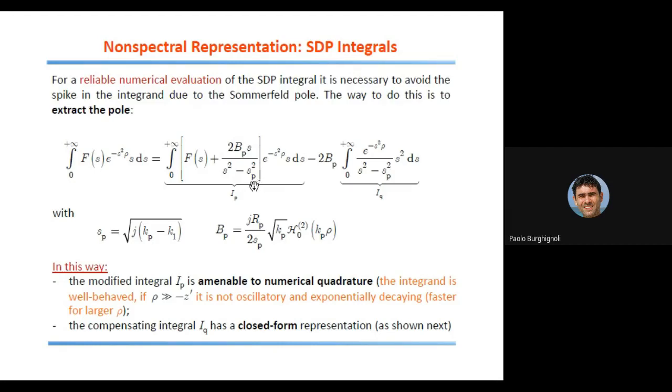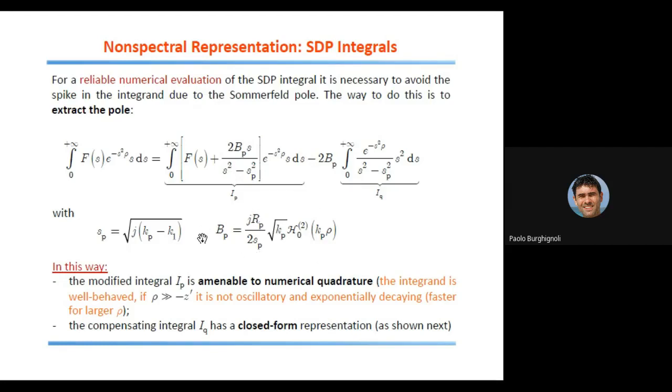Of course, we need to subtract back what we have added, and so we get a second contribution, I_Q, which contains only the Sommerfeld pole here, and s_P here is defined as the square root of j times (k_p minus K1), and B_P is a numerical constant which involves also the Sommerfeld pole.